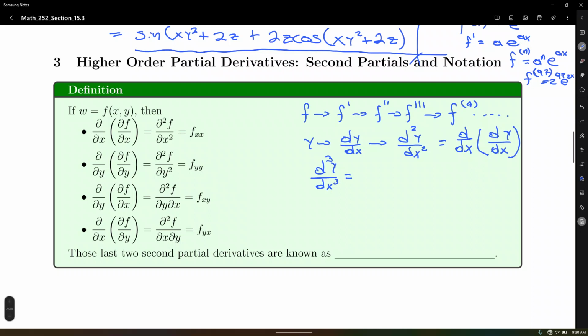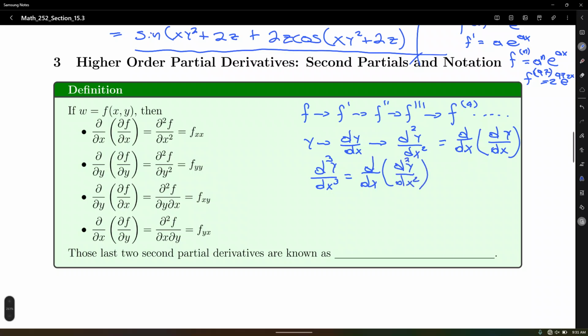So let's break this down. I know this might look a little silly. It's just a bunch of symbols, but we need to make sure we are comfortable with this, because when it comes to the partial derivatives, it's going to be interesting. Taking a third derivative means to take the derivative with respect to x of something we already took the second derivative of.